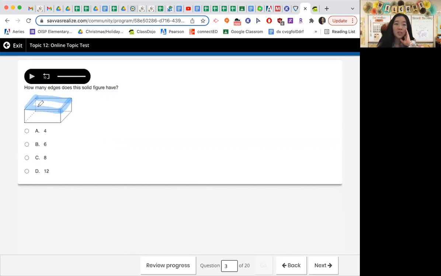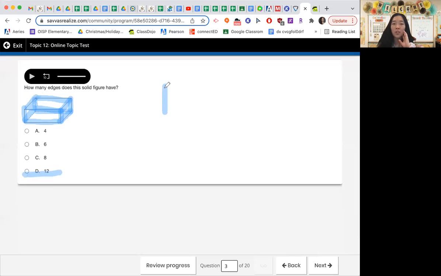There's the ones on the sides, 5, 6, 7, 8, and then we have 4 on the bottom, 9, 10, 11, and then there's one in the back, 12. So how many do we have? 12. Very good. There are 12 edges.